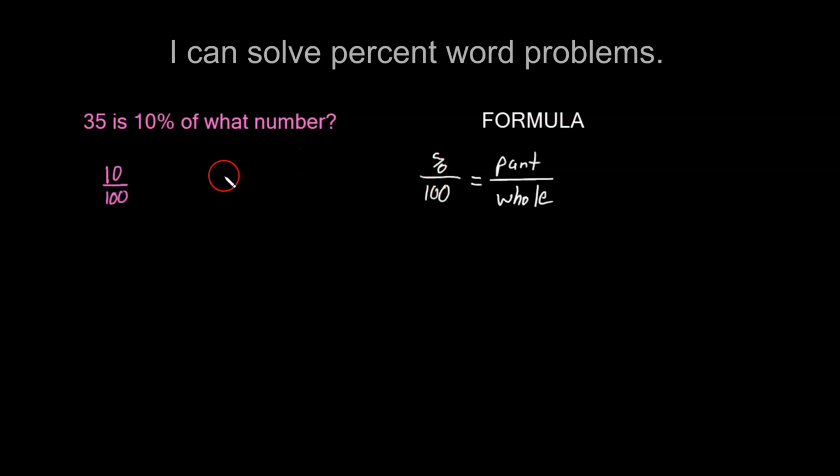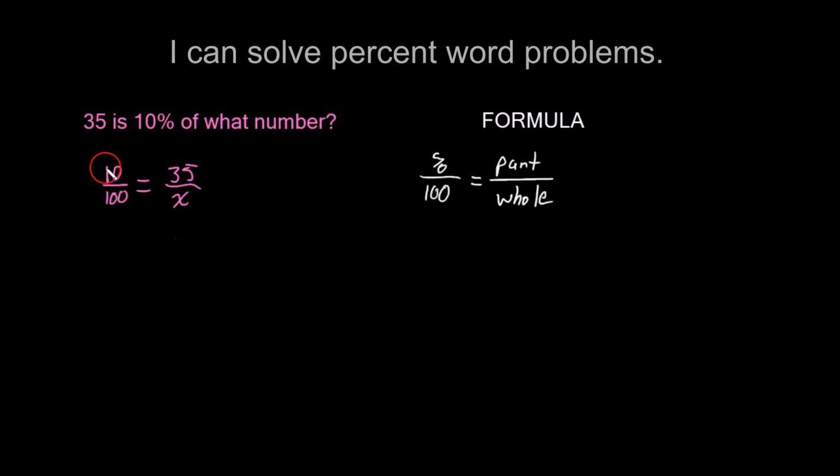10 is our percent, so percent over 100 equals part over whole. Again, this first number is our part, so 35 over x. We're not sure what the whole is. 35 is 10% of what number?